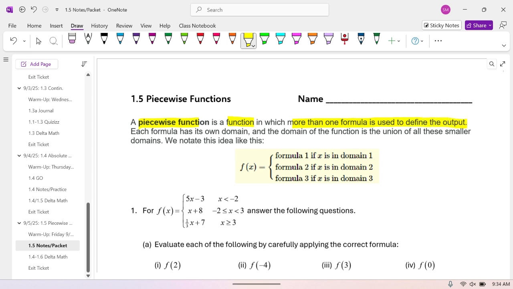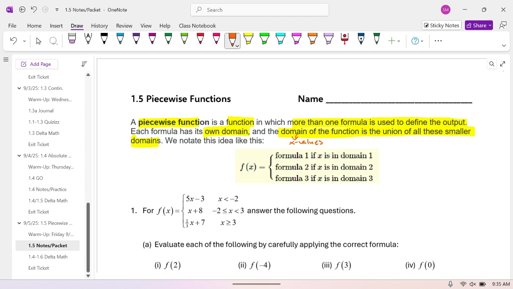Meaning there's more than one type of function or different expressions, literally pieces of functions. Each formula has its own domain, and the domain of the function is the union of all the smaller domains. And we notate it like this. So remember, domain is x values.